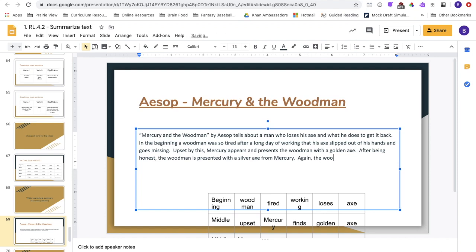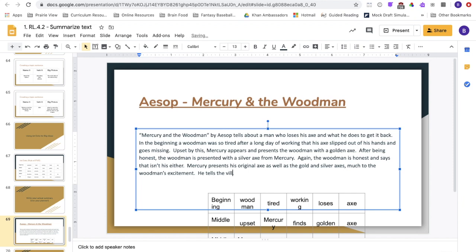Again, the woodman is honest and says that isn't his either. Mercury presents his original axe as well as the gold and silver axes, much to the woodman's excitement.